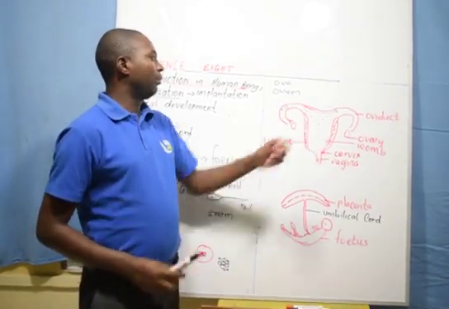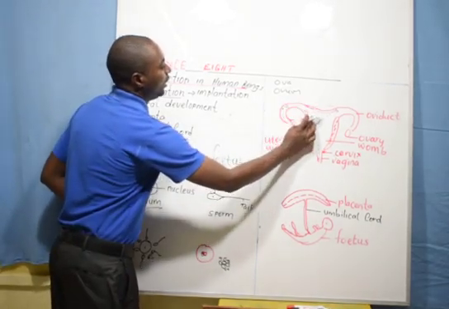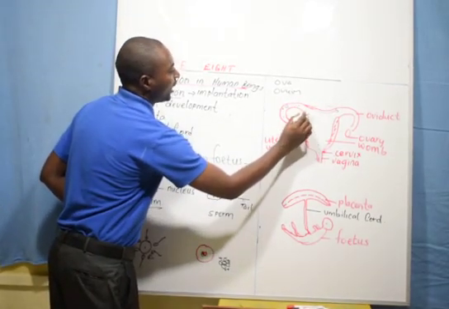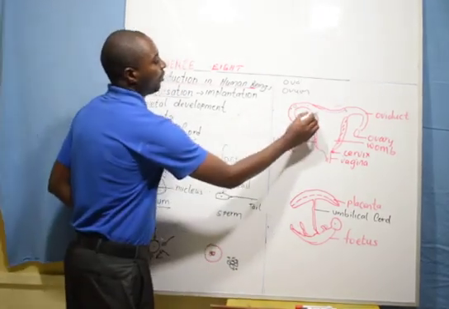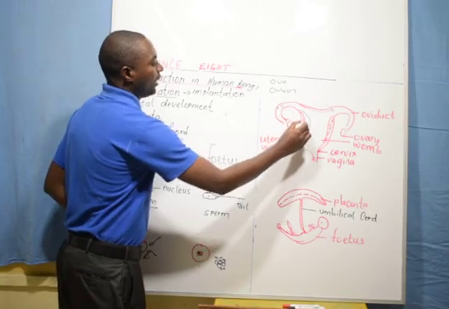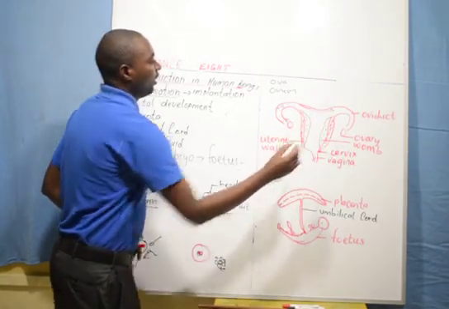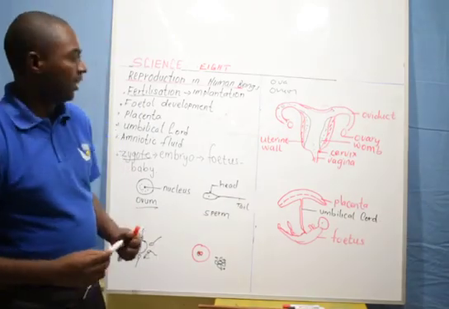Therefore, development must take place here. So the moment it is fertilized here, it moves into the womb or the uterus, and before it falls here, the walls of the uterus are already thick. They thicken to receive the fertilized cell, the zygote.